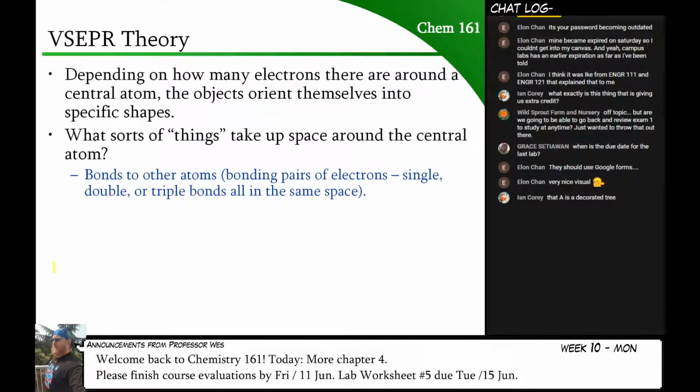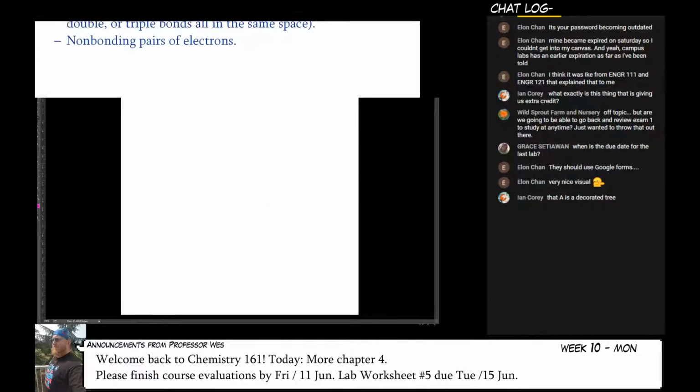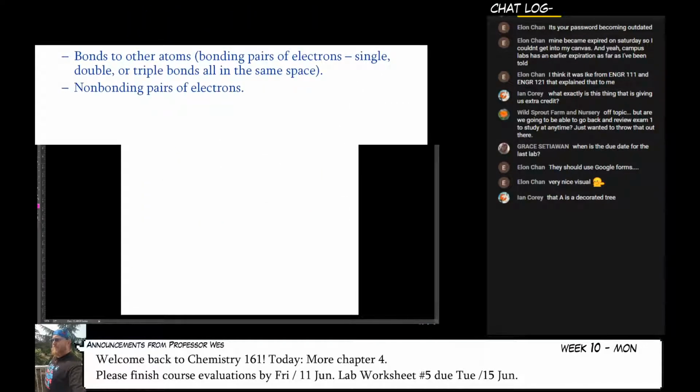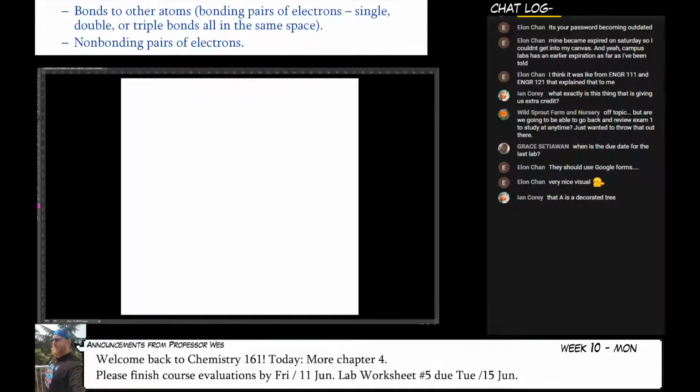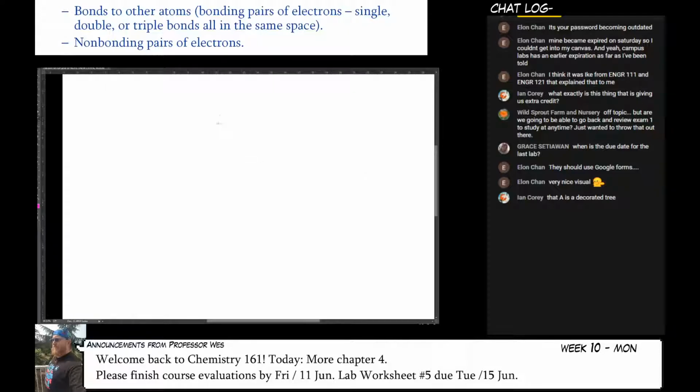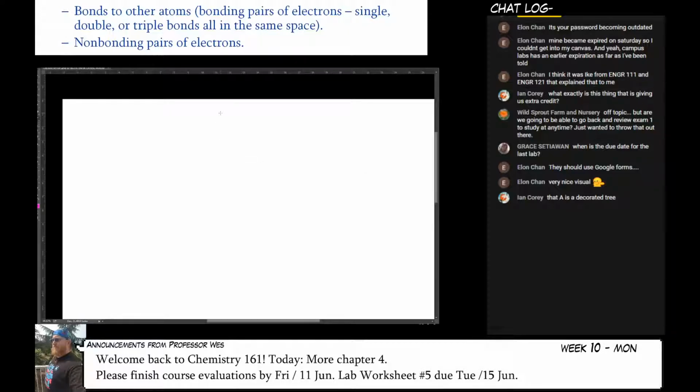Now, first we need to consider what sorts of things will repel each other. So I'm going to put these on the screen, and then we're going to go draw this. On my canvas right here, if I were to draw a molecule, here's my central atom right here.